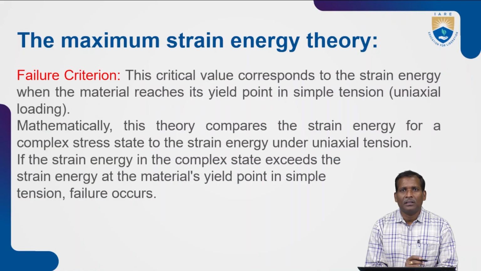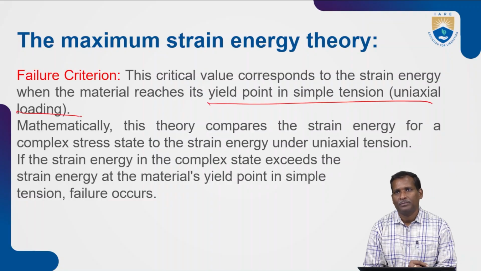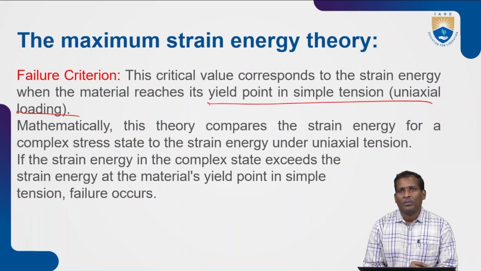This critical value corresponds to the strain energy when the material reaches its yield point in simple tension, that is uniaxial loading. So whenever the material reaches its yield point in simple tension, the standard specimen tested under UTM, Universal Testing Machine, the applied load is uniaxial loading.